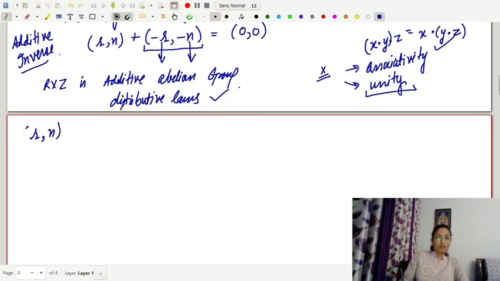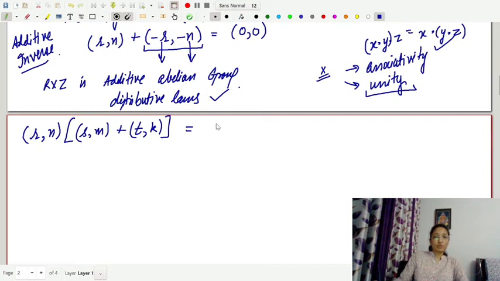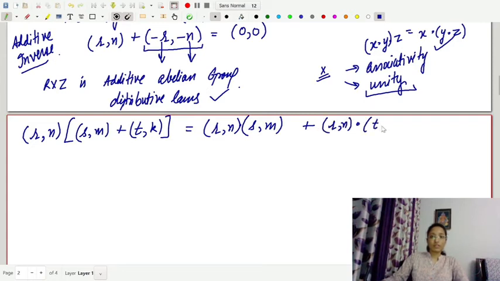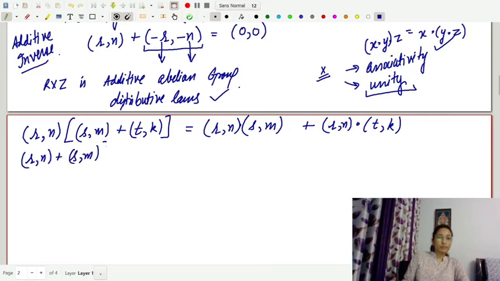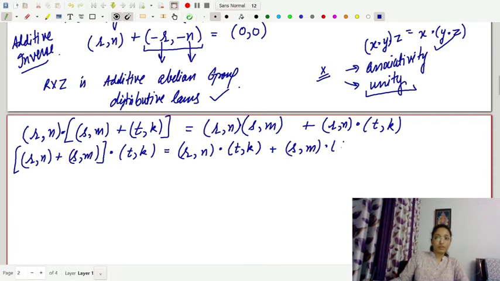(r, n)·[(s, m) + (t, k)] is equal to (r, n)·(s, m) + (r, n)·(t, k), जैसे हमने मल्टीप्लिकेशन डिफाइन किया इसके अंदर. डेफिनेशंस अप्लाई करोगे तो ये आ जाएगा. सिमिलरली if [(r, n) + (s, m)]·(t, k) is equal to (r, n)·(t, k) + (s, m)·(t, k).